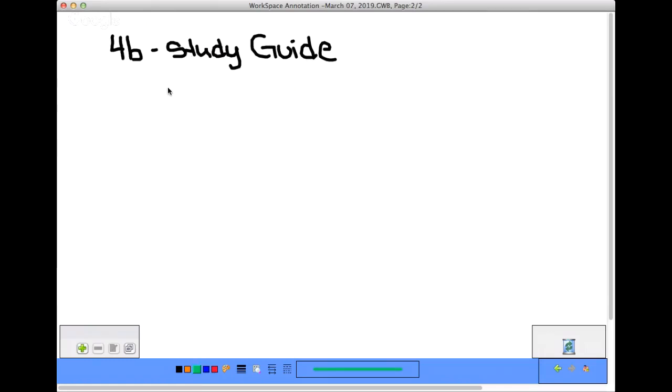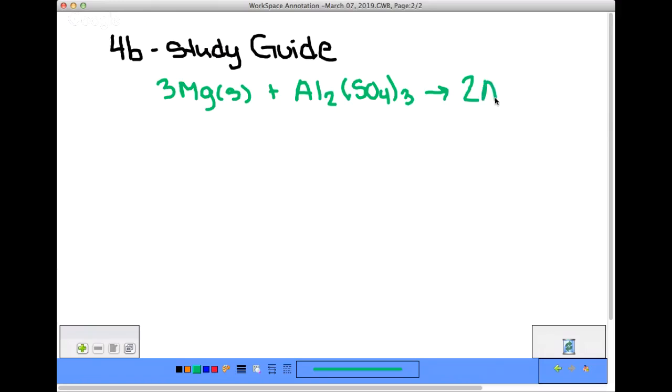Our balanced chemical reaction for this problem, which is important, is 3 solid magnesium atoms plus 1 mole of aluminum sulfate, and that produces 2 atoms of aluminum and 3 moles or molecules of magnesium sulfate.